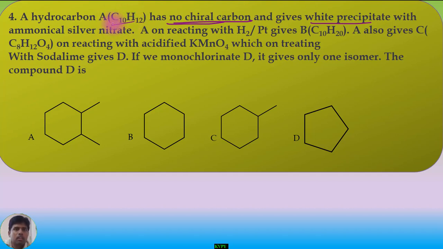Let us see the DU. What is DU of this? Degree of unsaturation is (10 into 2 plus 2 minus 12) divided by 2. That's equal to 5. So DU 5.